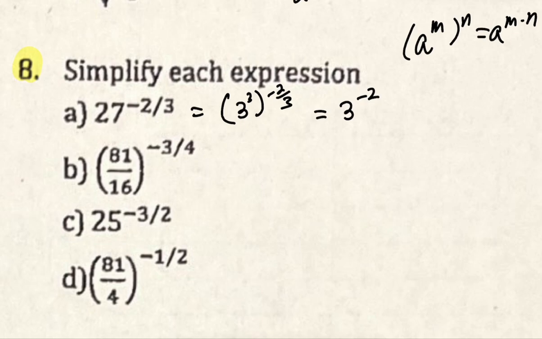Now, earlier we talked about the fact we don't want negative exponents. The job of a negative exponent is to flip whatever it's touching. So let's flip that. Now what is 3 squared? 9. So now it's just 1/9. So you can rewrite it, or you can figure out what the cube is right off the bat.